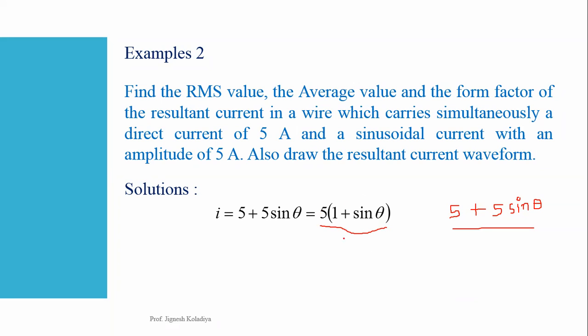Now if you use this value in order to get I average, then we are getting 1 upon T integration 0 to T. You can take T is equal to 2 pi, I into d theta.